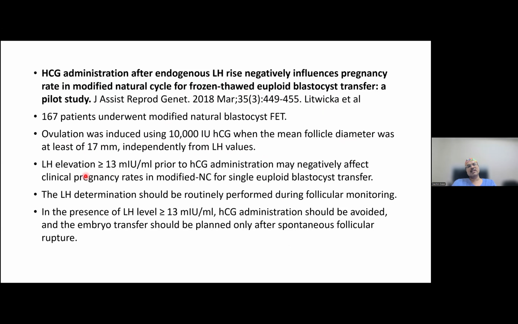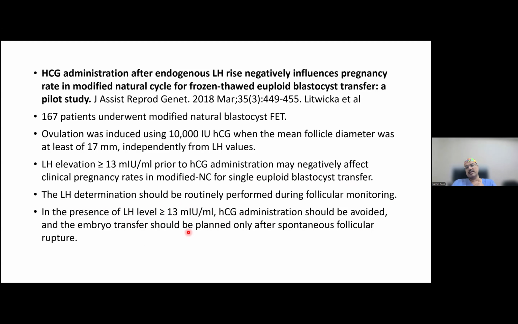LH elevation more than 13 IU per ml prior to HCG administration, they found, may negatively affect clinical pregnancy rates in the modified natural cycle for single euploid blastocyst transfer. They suggested that LH determination should be routinely performed during follicular monitoring, and with presence of LH more than 13, HCG should be avoided. Wait for the spontaneous follicular rupture to occur, and embryo transfer should be planned.